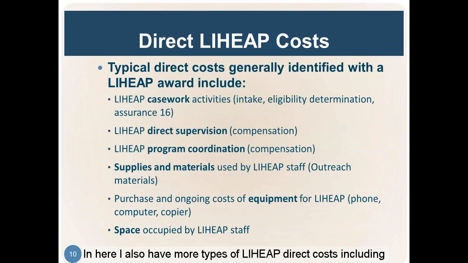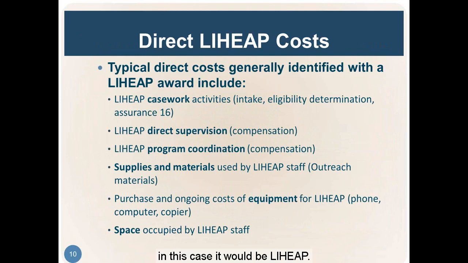Here are also some more types of LIHEAP direct costs, including supervision, program coordination, and space occupied strictly by LIHEAP staff. So you get the gist: things that are directly associated with the program that an individual is working under. In this case, it would be LIHEAP.